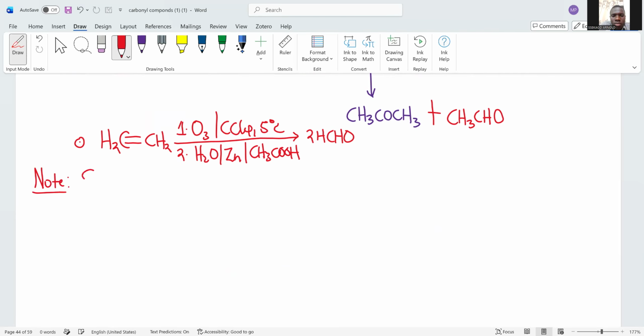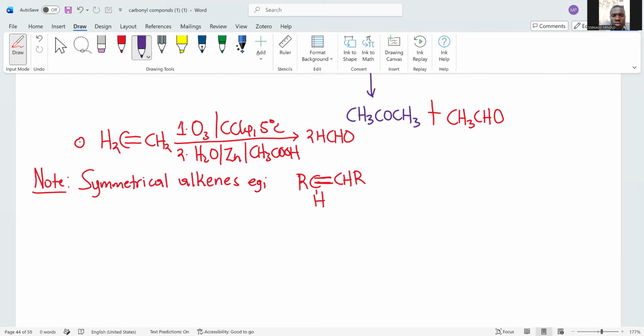Now it is important to note that symmetrical alkenes, I mean alkenes of the form RCH=CHR, have a line of symmetry.